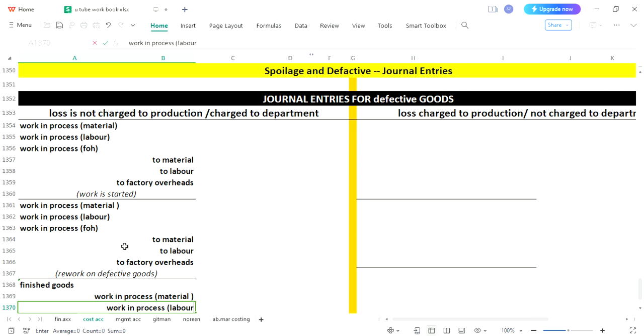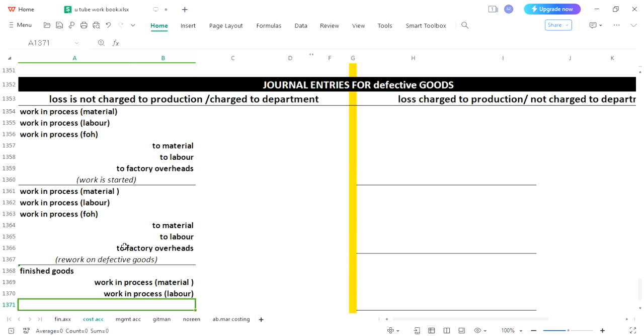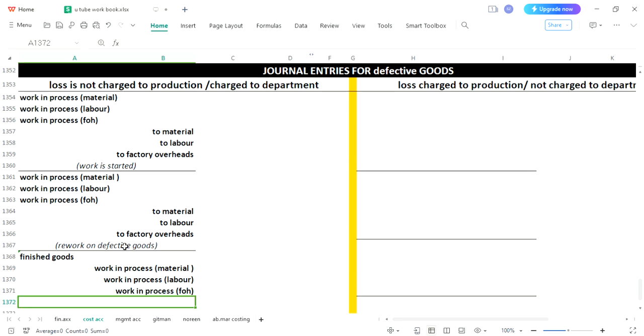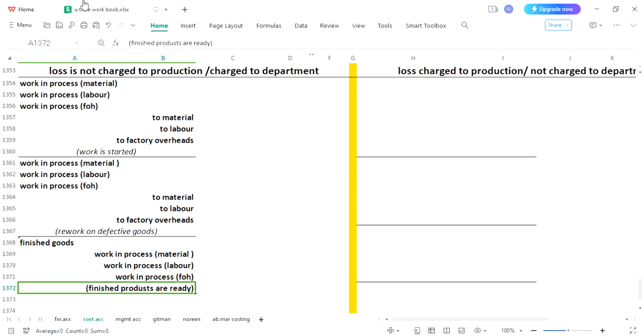So here, as usual, work in process material, work in process labor, and work in process FOH would be put on the credit side. This means our finished products are ready or finalized. These three entries are just the key part of the question and nothing else you have to do. It means it is ended.